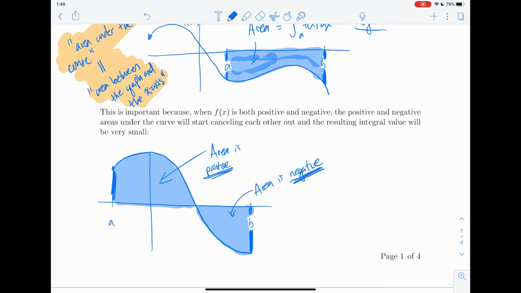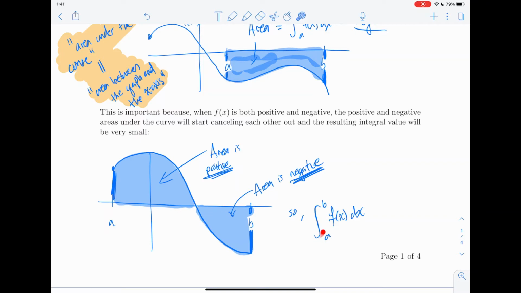So what that means is that if I compute the integral from a to b of my function f of x dx, in this case, this large area, which is positive, and this smaller area, which is negative, are going to start canceling each other out.